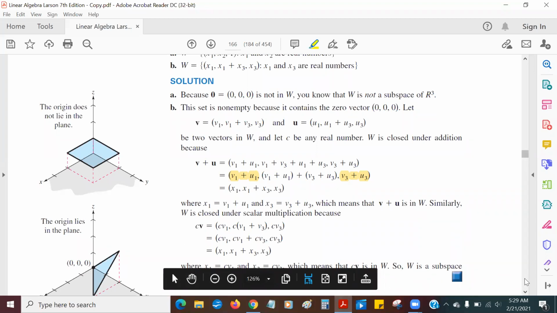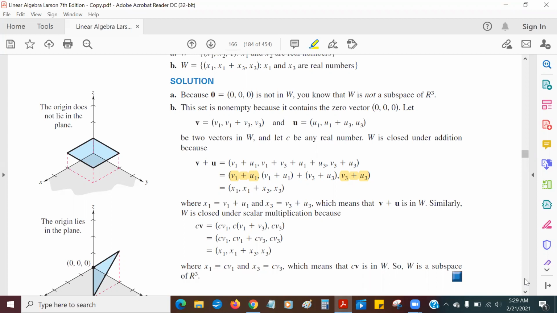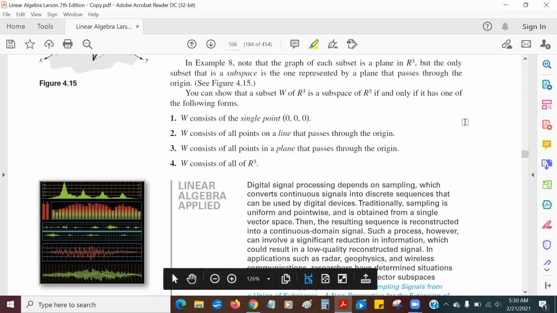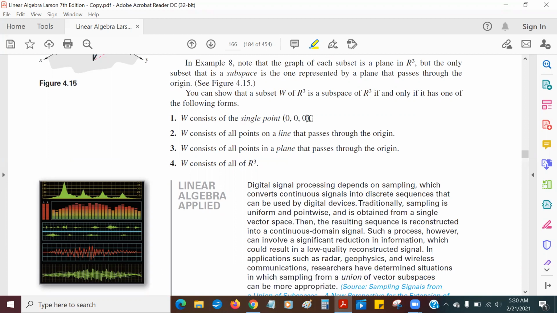A spoiler alert: really any plane that goes through the origin is going to wind up being a vector space, and I'll be able to make the same kind of argument, or a similar one. So if you have R3, a single point of just the origin is a vector space, because that's the famous zero vector.